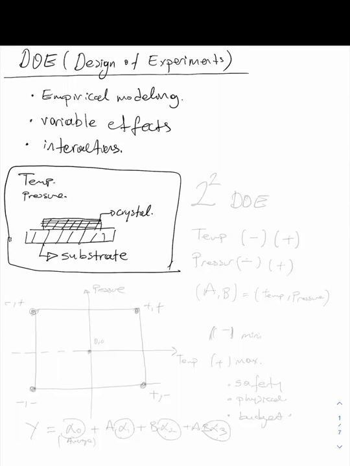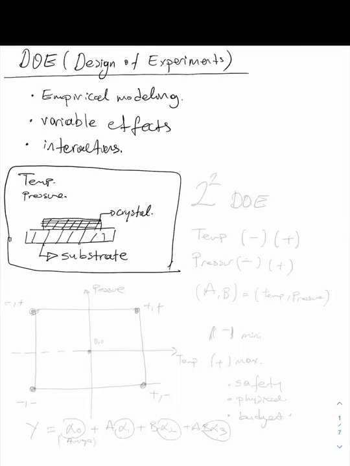So you can imagine that the crystal growth is a very complex system, and you don't necessarily have equations that you can use to predict what's going on. So therefore, you're going to have to rely on experimental measurements.